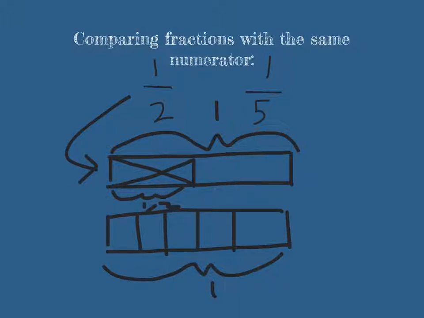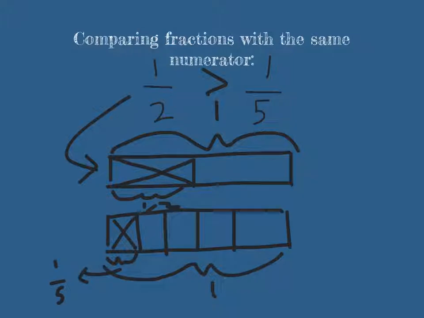We'll X in the 1/5. From this picture, since these are both the same size, you can easily tell that this 1/5 is smaller than that 1/2. So what sign would you use to show that? You'd use the greater than sign, right? This means that 1/2 is greater than 1/5.